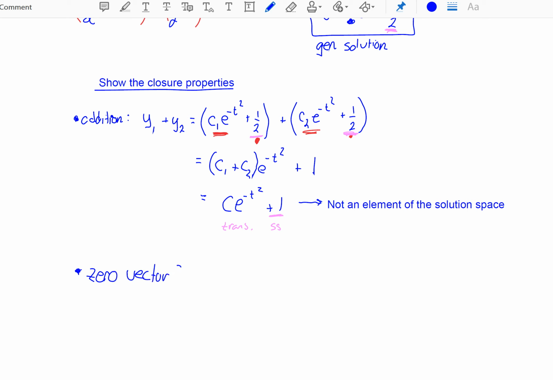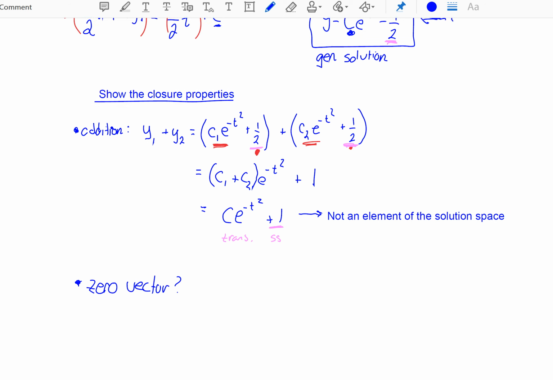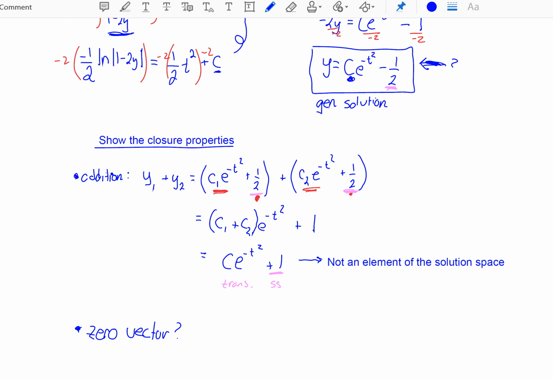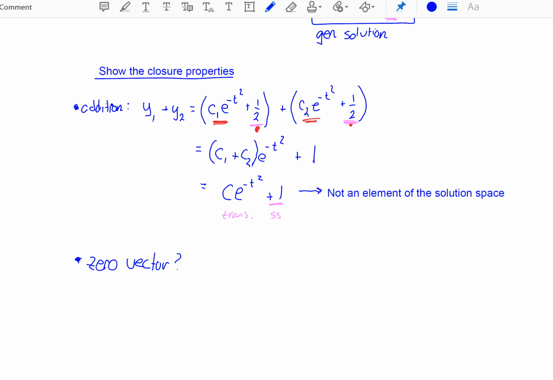So let's say, is the 0 vector present? So let's grab our original differential equation, the y prime minus 2ty equals t. And let's plug in our proposed 0 vector.